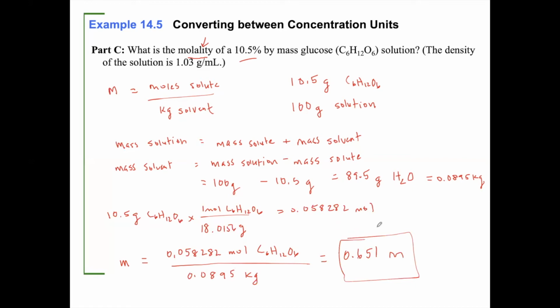So be careful. This is a common mistake that I see, and a mistake that I even make occasionally, where you forget to consider that solution and solvent are not going to have the same mass, right? Because the solution also includes the solute.